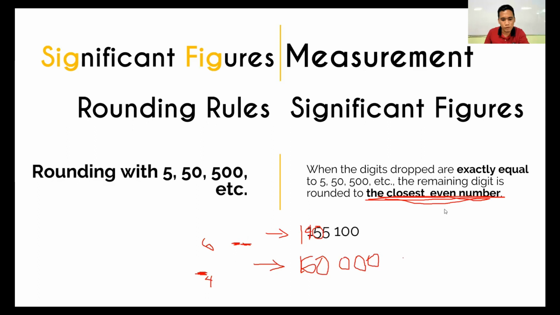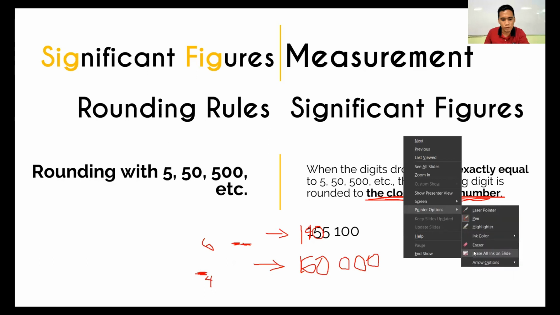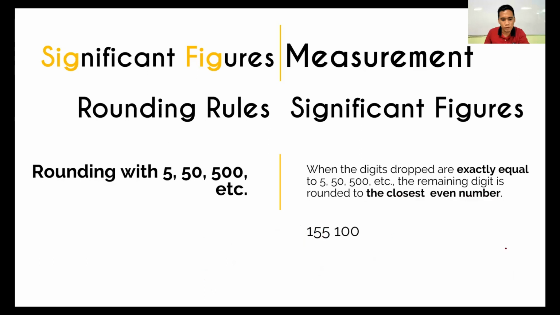What if, in this case, 155,100, we round to its nearest 10,000s. The example earlier is for exactly 5, with no succeeding number, just 5 followed by zeros.